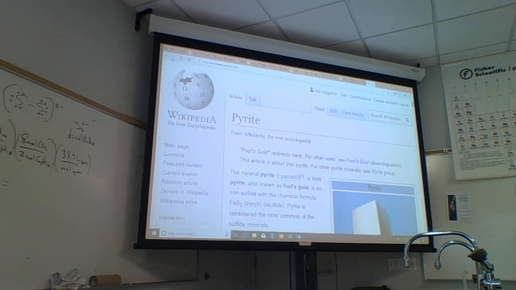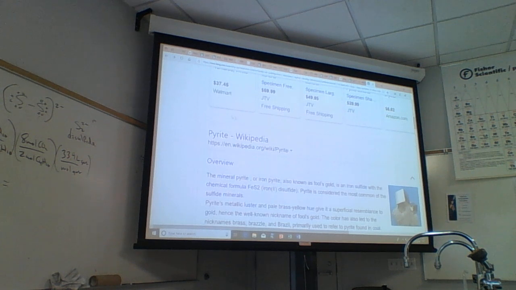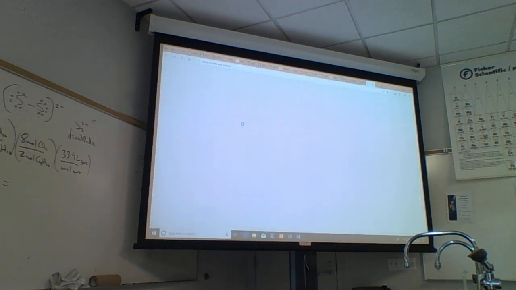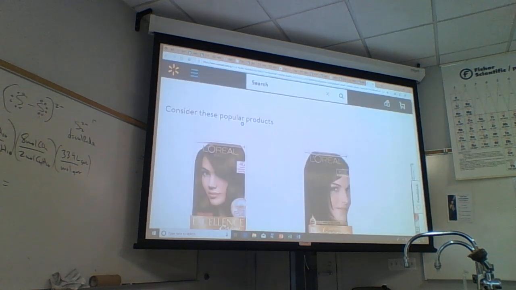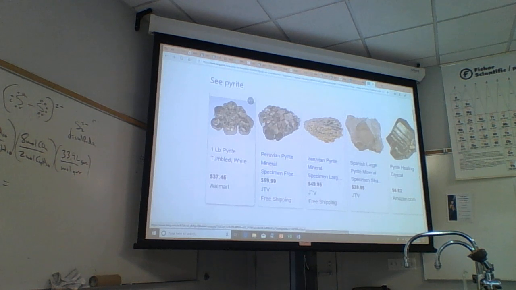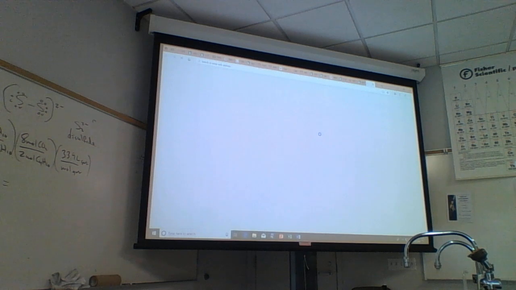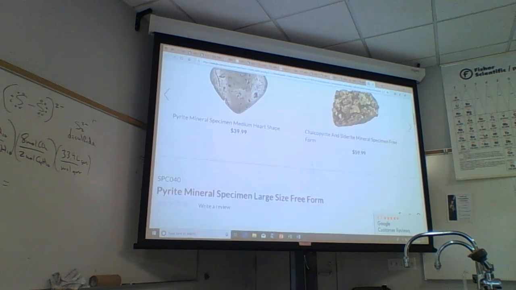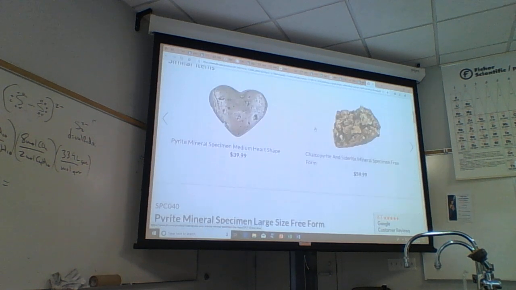I mean, if you look at these pictures here, it's easy. These are tumbled crystals here, so you can kind of see the cubes there. Peruvian pyrite, wow, that's nice. But do you see the little cubes?